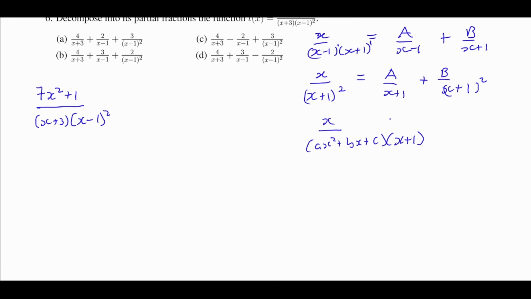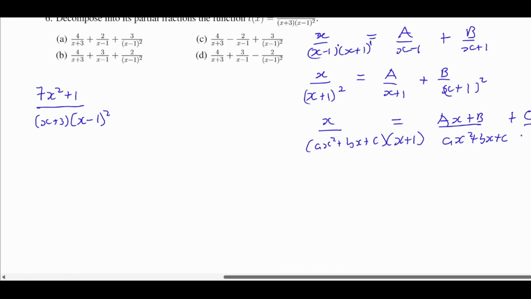And so if you are expanding it, you have Ax plus B all over the quadratic factor, plus C over x plus 1. So these are the principles we can apply when we are decomposing.